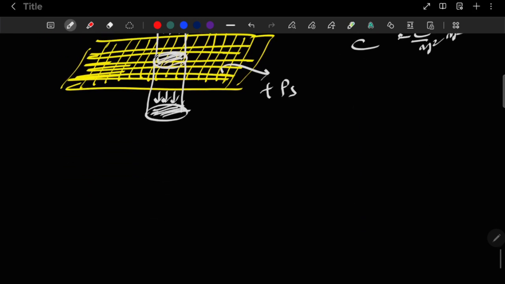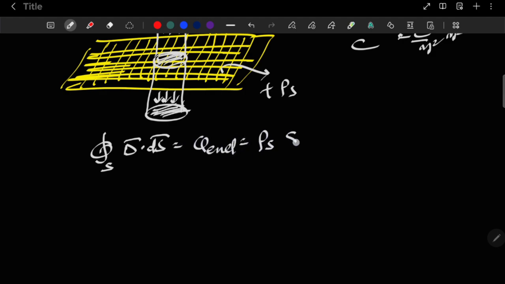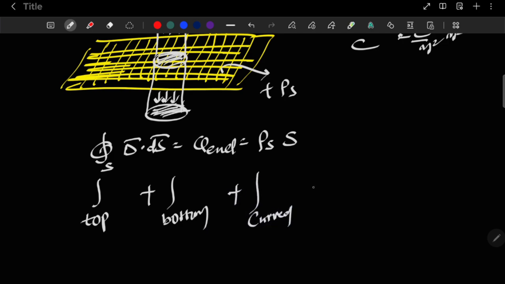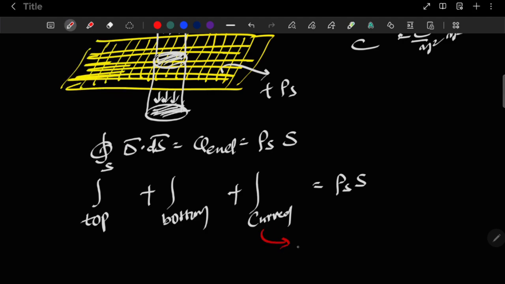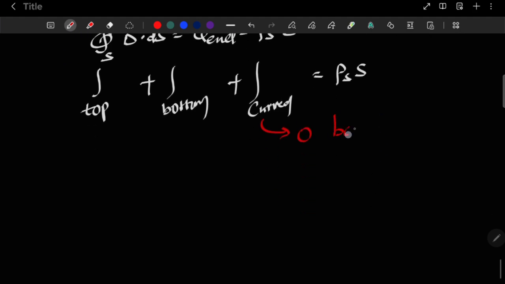So on the left side, the closed surface integral of D bar dot dS bar is equal to Q enclosed, that is equal to rho S into S. This closed surface integral we have to perform 3 times: top, bottom, and curved, equal to rho S into S. So without thinking much, we can take the curved surface integral as 0, because no flux is passing through the curved surface.